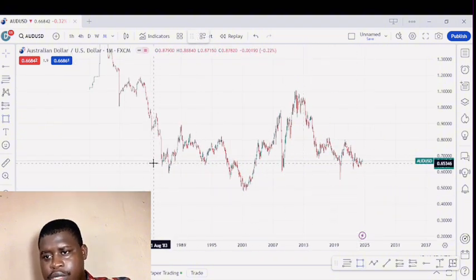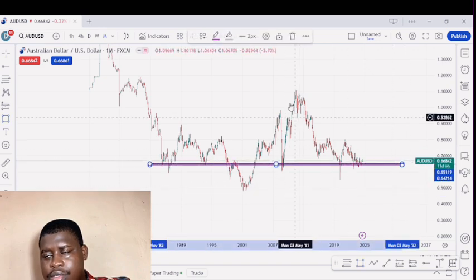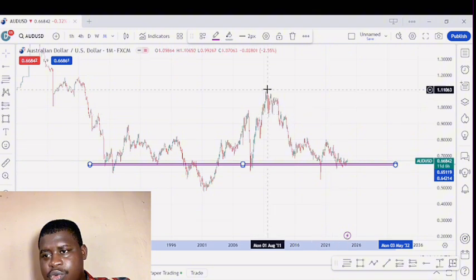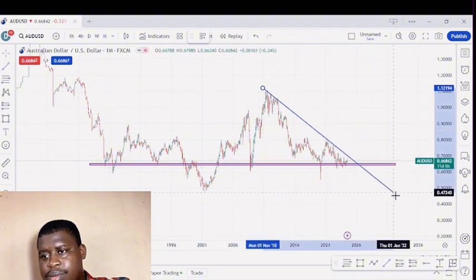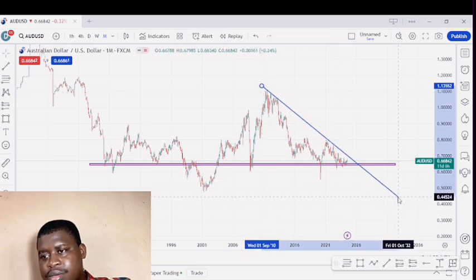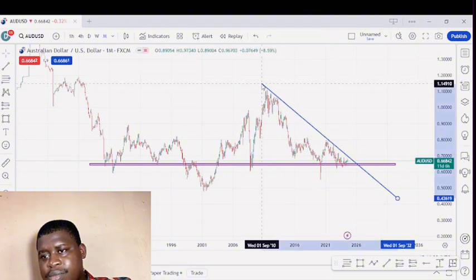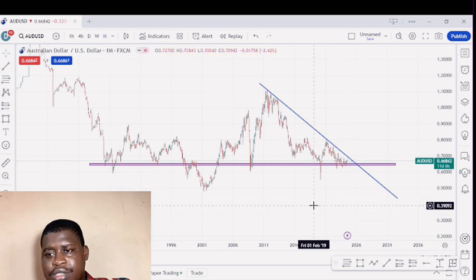Let me quickly plot this. You can see on the monthly time frame we are on a bearish move. The overall trend of the market is bearish. Guys, please don't forget that the overall trend of the market is bearish.